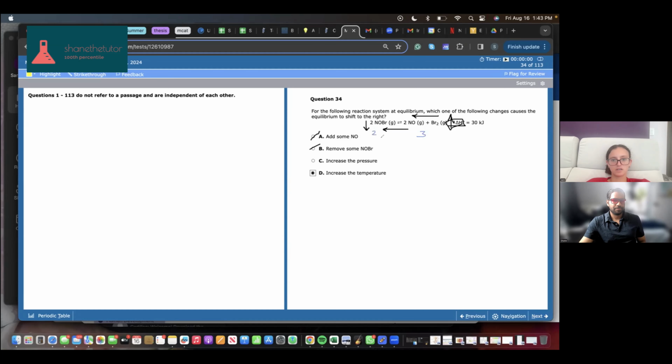So D, increase in temperature, would be an arrow up here. So what do we do with this over here? Isn't this part of the kJ per mole thing?